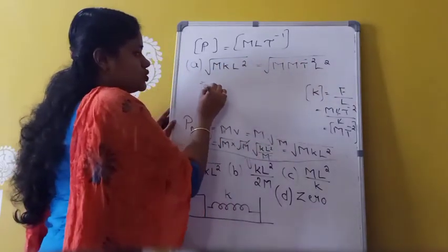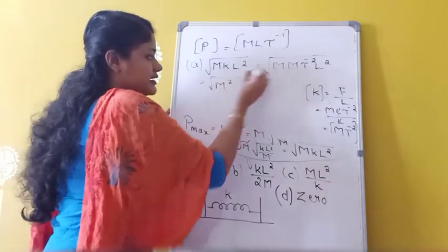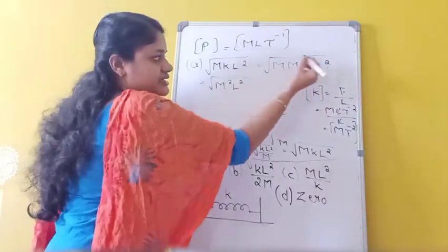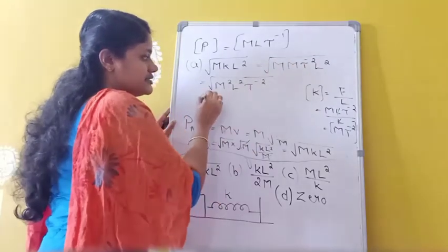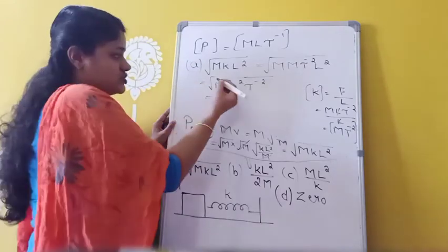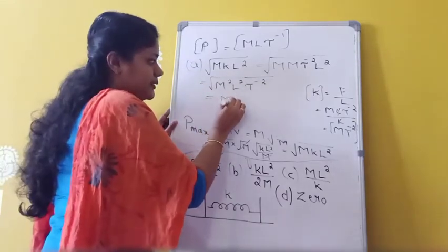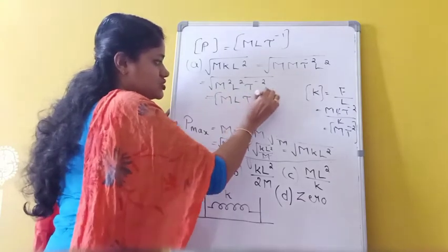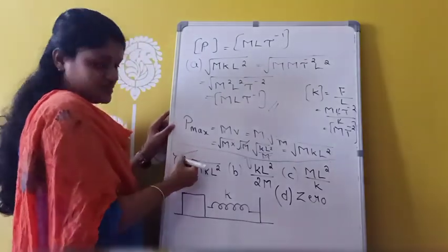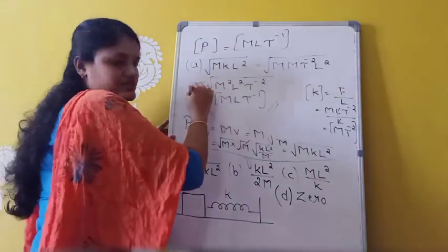That is equivalent to root of m into m becomes m square, then L square, then remaining T raised to minus 2, and this comes inside the root. So when we are taking out of the root, we have to take the square root. That means we will be getting M L T raised to minus 1. So this first option is having the same dimension of which one? Momentum. So this answer is correct.